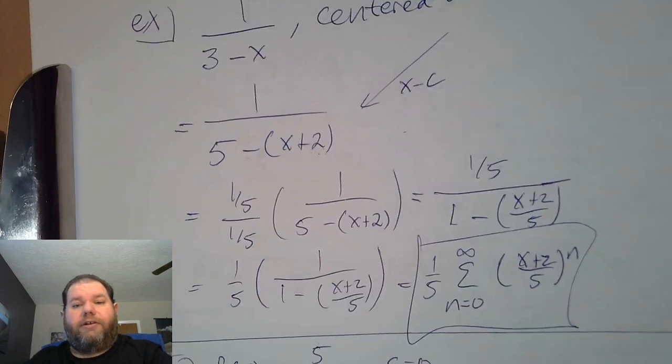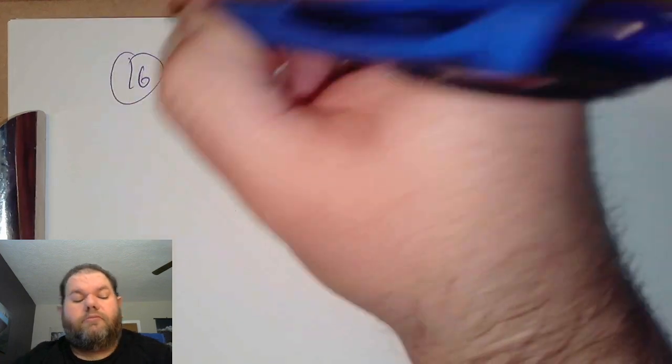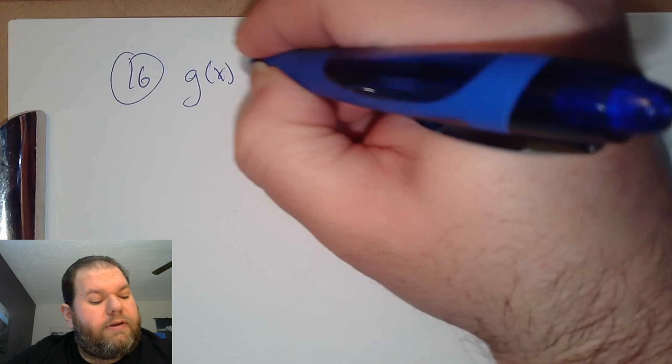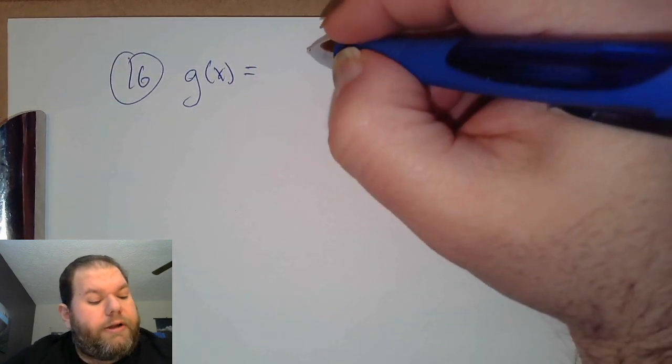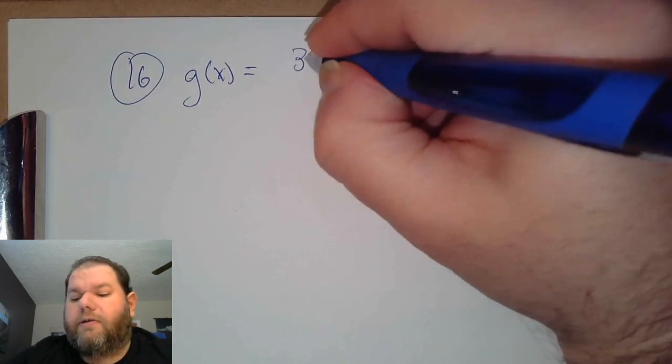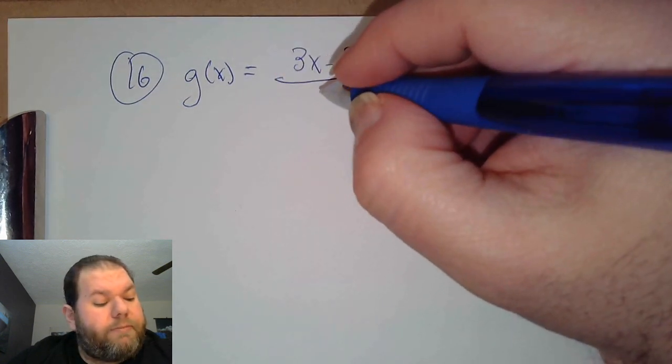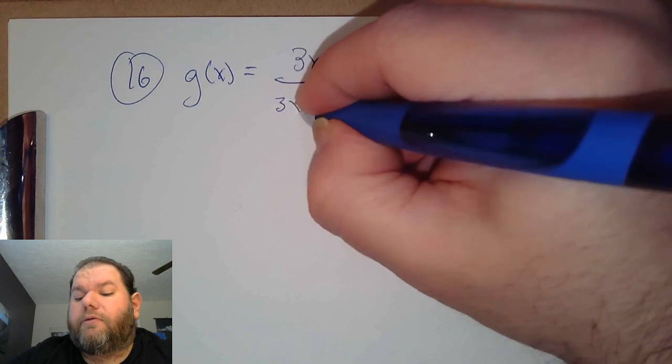This is very clearly not the same question that we've been looking at so far. We have g of x is equal to 3x minus 8 over 3x squared plus 5x minus 2.